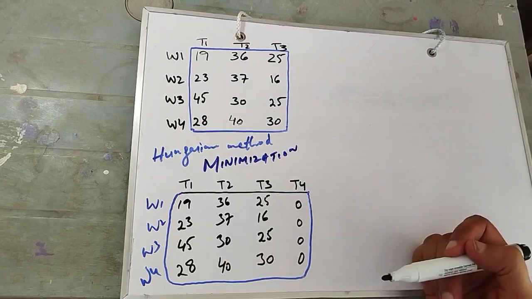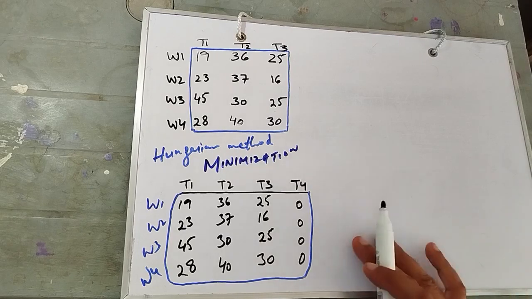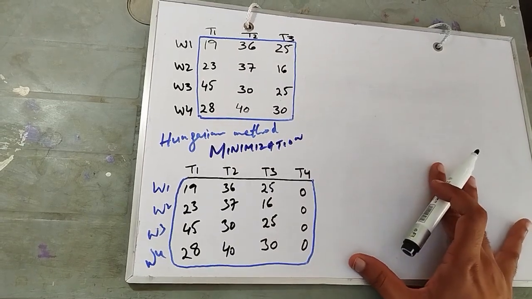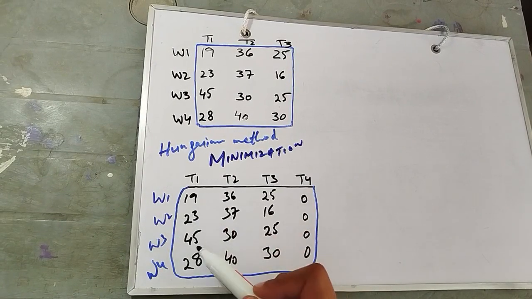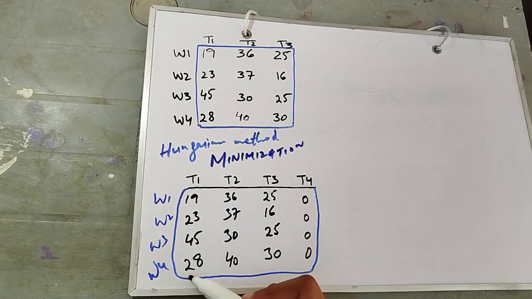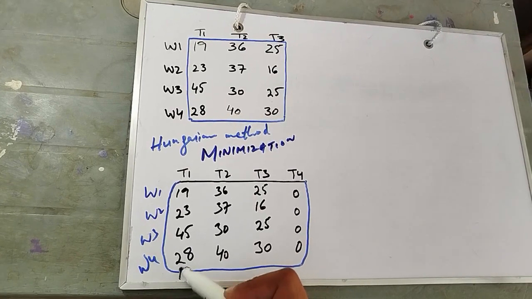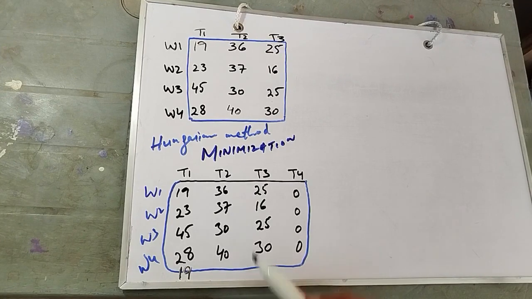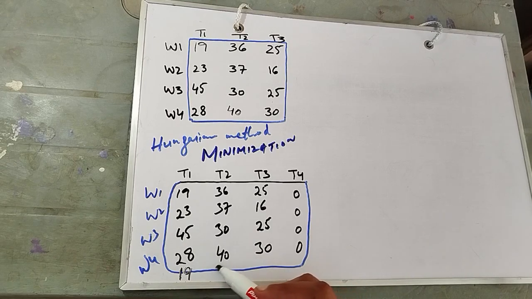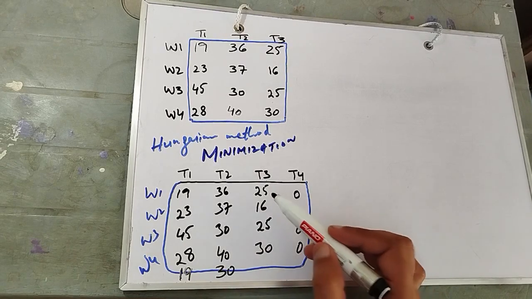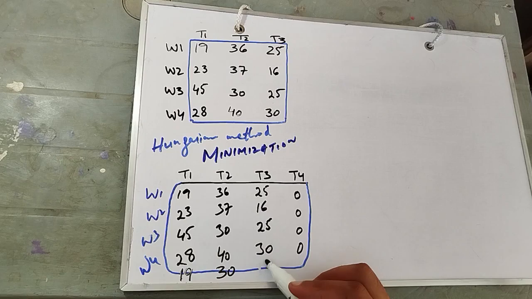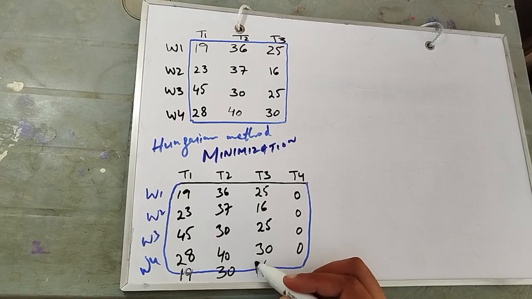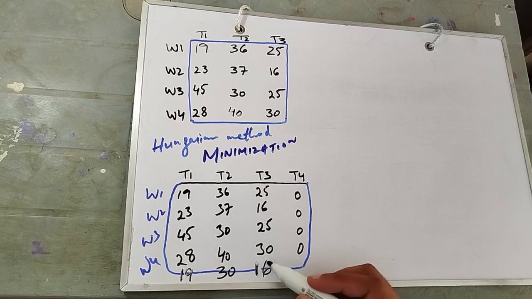The column reduction is required, and for that we find the least in each column. 19, 23, 45, 28: 19 is the least. 36, 37, 30, 40: 30 is the least. 25, 16, 25, 30: 16 is the least.